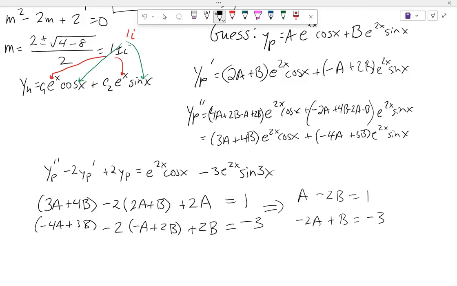Did I mess something up? Isn't it supposed to be positive 2B? 4B minus 2B. Yeah, for the top one. Oh, yeah, it is. Thanks. So I did mess up, is what you're telling me.